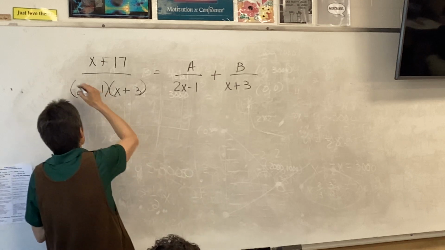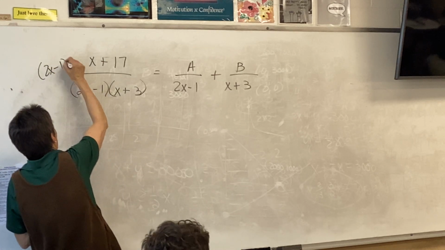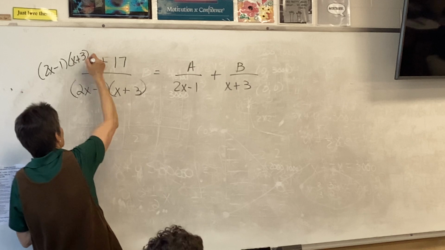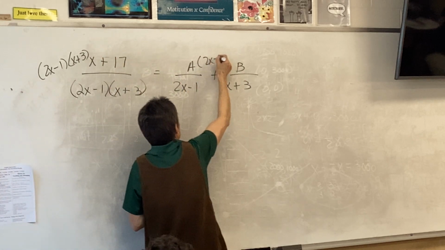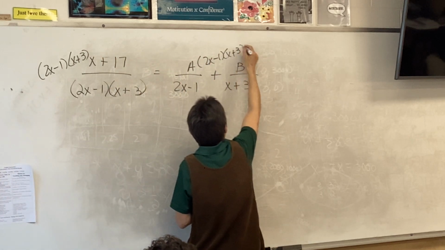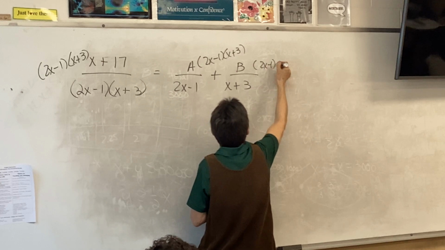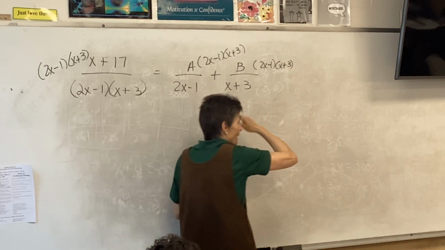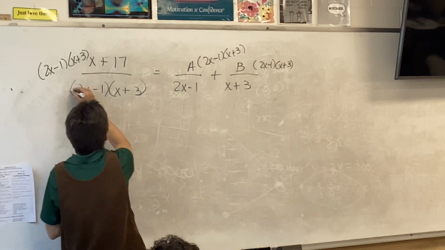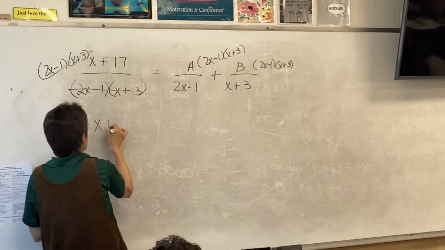Multiply through by the denominator. So I write it down. You don't have to, but I want you to understand that this is what you're doing. You're getting rid of your denominators. You have to multiply everything by the same thing, but different stuff is going to cancel out.